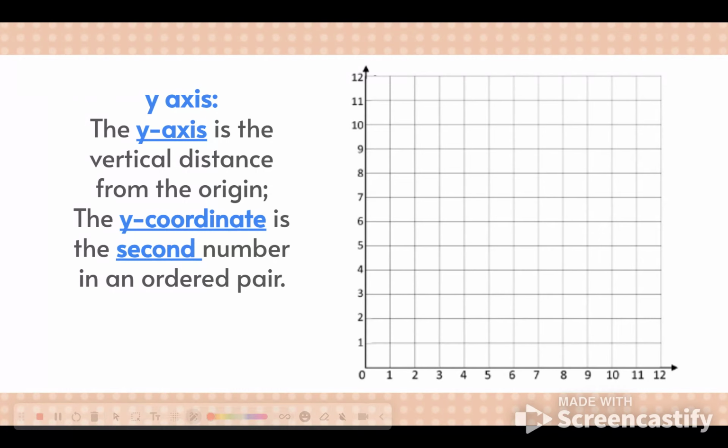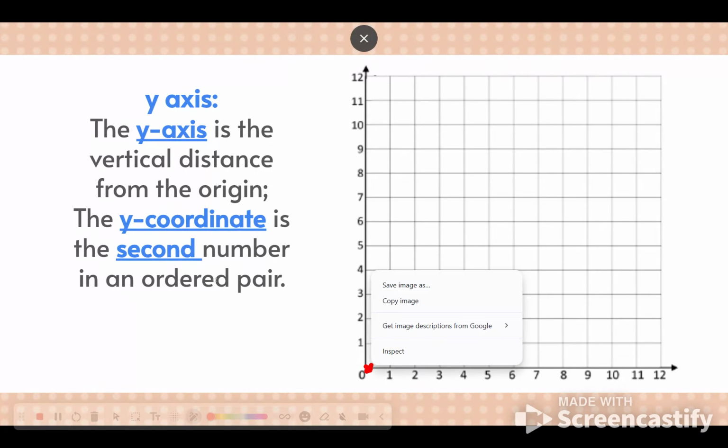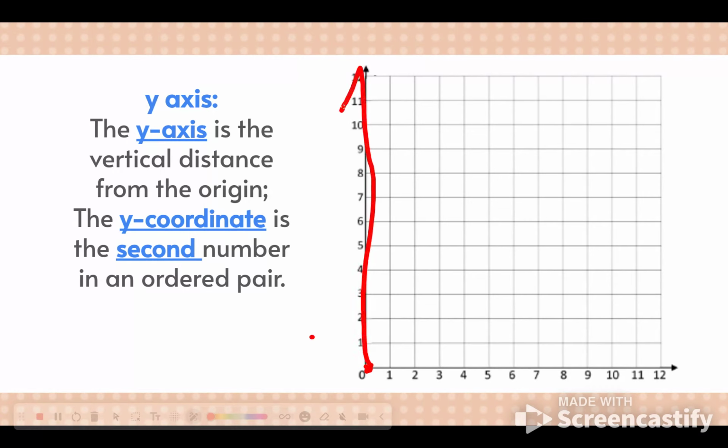Remember, this is the origin, at 0, 0, and the y-axis is the vertical distance. Remember, vertical is up and down. And the y coordinate is the second number in an ordered pair. You may hear me talk about ordered pairs right now, but we're going to explain what an ordered pair is pretty soon, so make sure you're paying attention.